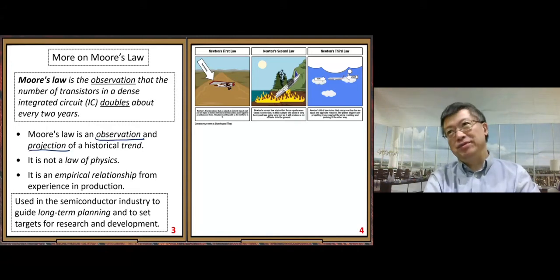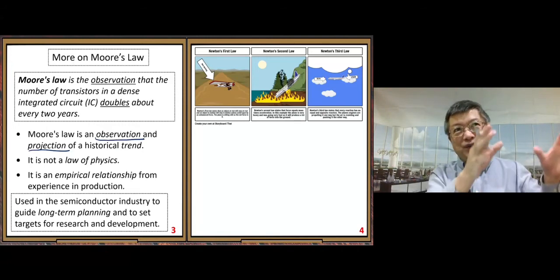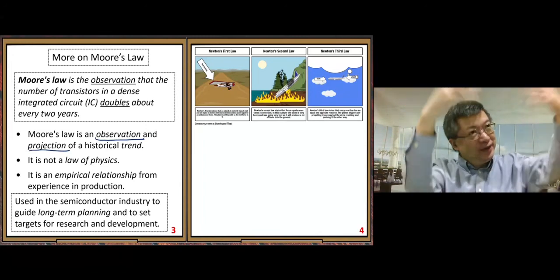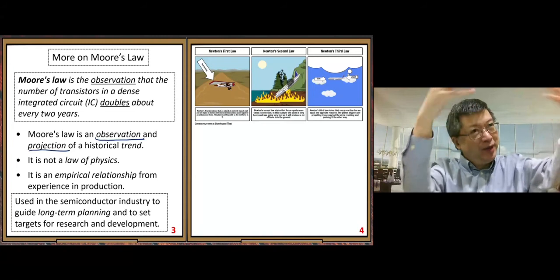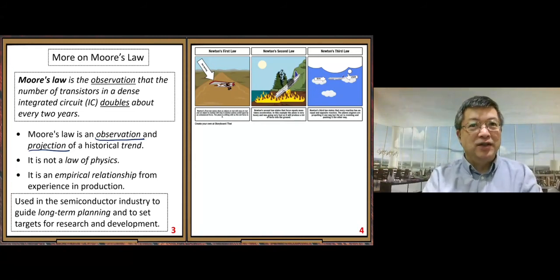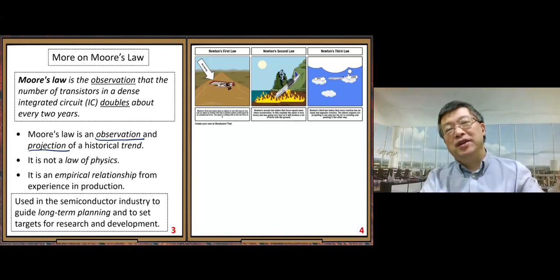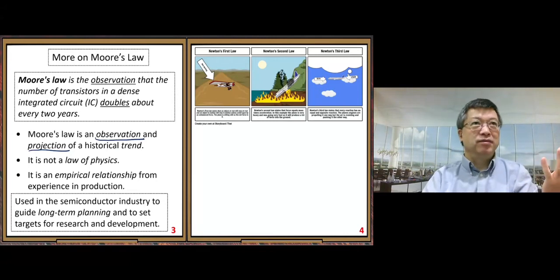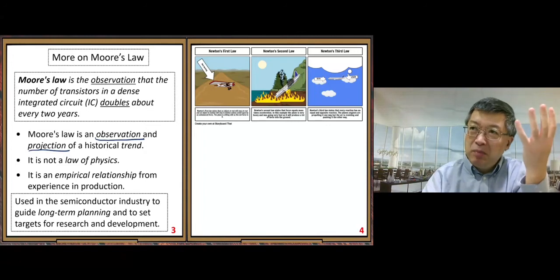So that's very important. When you want to do long-term planning, a 10-year period or a 20-year period, Moore's law is a big factor you need to put in your planning.